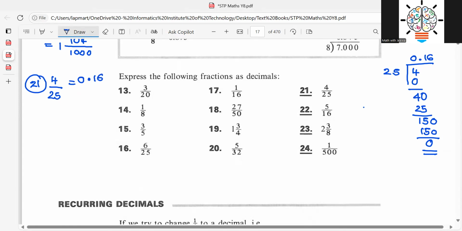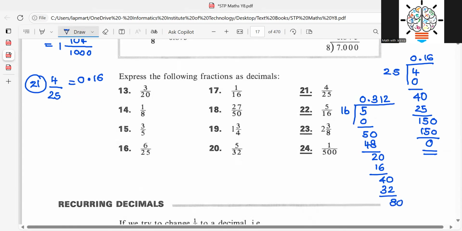Then the next one, I take 5 over 16. 16 times 0. So then we have 50, right? So then 16 times 3, 48. And then for 20, we have 1. So then 16. For 40, we have 2, 32. For 80, right?